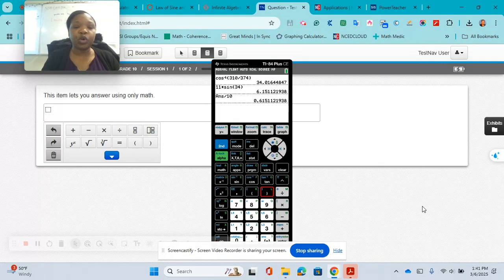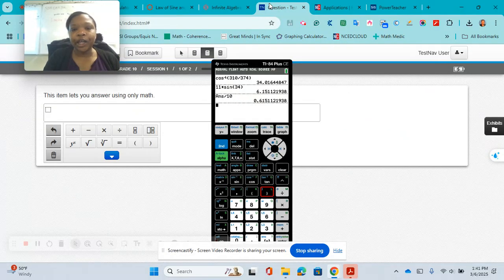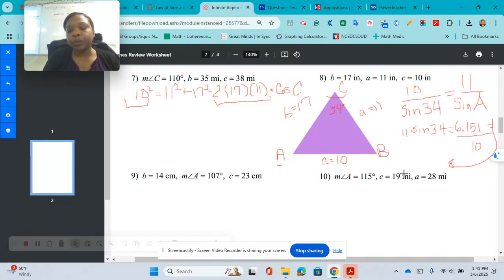All right, 6.151. And when we divided it by 10, we end up moving the decimal point: 6.151. We are looking for the angle.